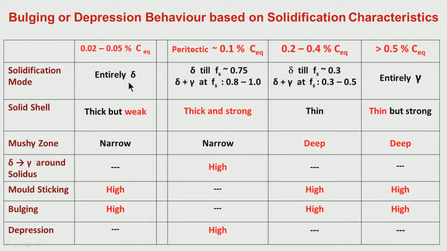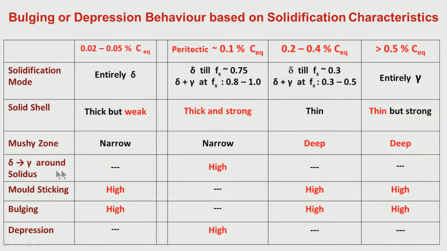The solid shell is delta during and after solidification, slightly below solidification also is delta, and this delta is relatively thick because microsegregation is low. So, delta will also be relatively more during solidification, but this is relatively weak because the high temperature strength of delta ferrite is low.